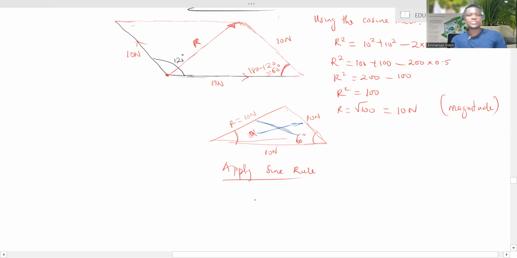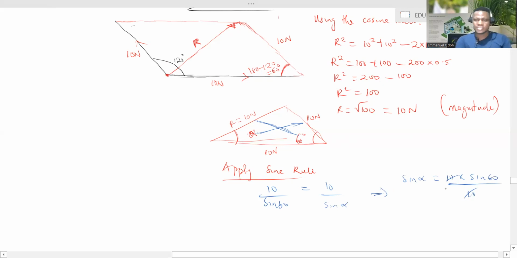So according to the sine rule, we take 10 over the sine of the angle opposite to that side, which is 60. So we have 10 Newton over sine 60 equals the side over the sine of the angle opposite to it, which is sine alpha. When we solve, let's cross multiply, 10 times sine 60 over 10.